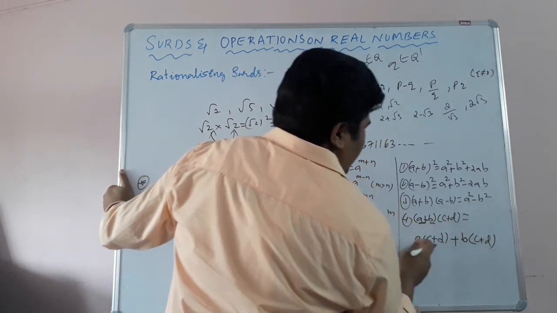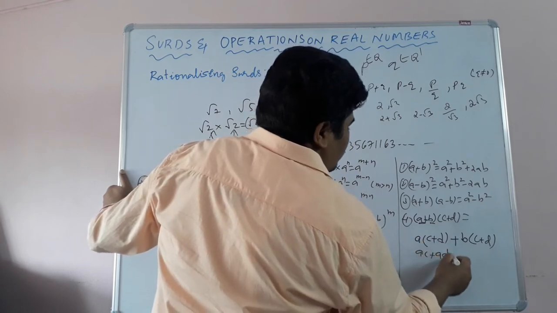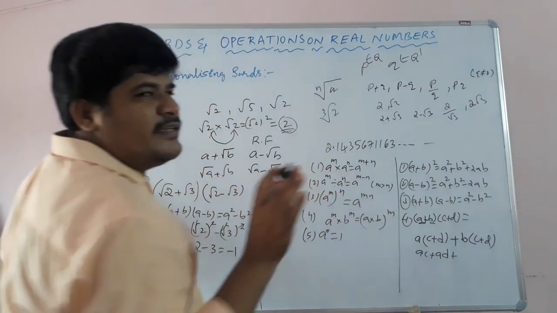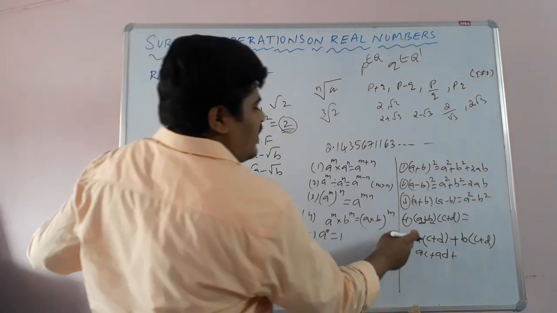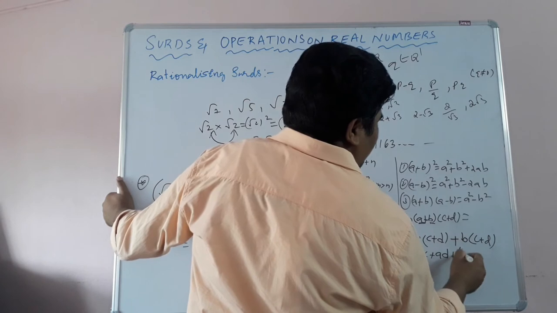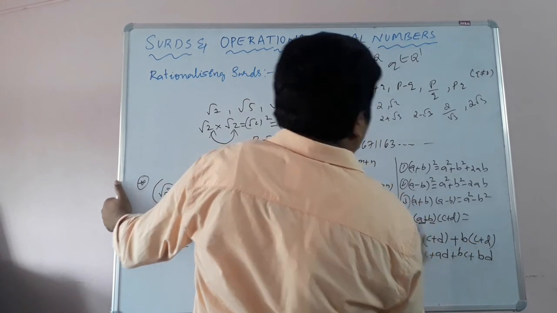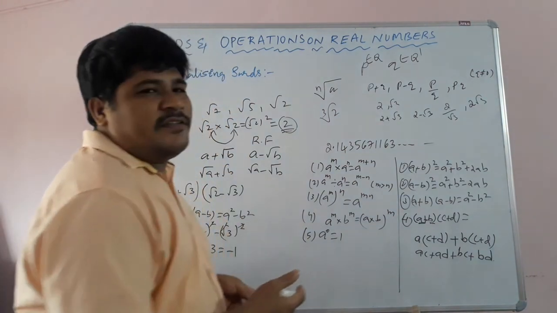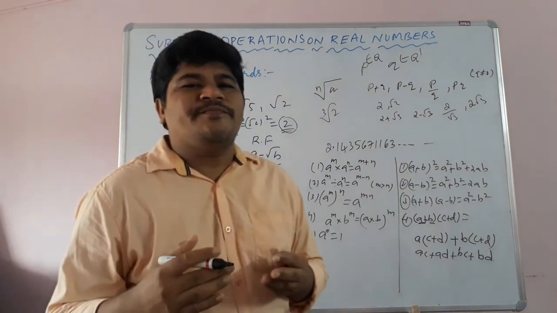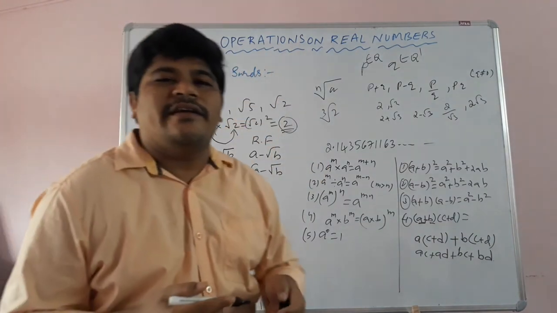Now you can multiply: a into c is ac, plus a into d is ad. Students, what property is this? Distributive property. Plus b into c is bc, plus b into d is bd. So these formulae and concepts we will use to solve operations on real numbers.